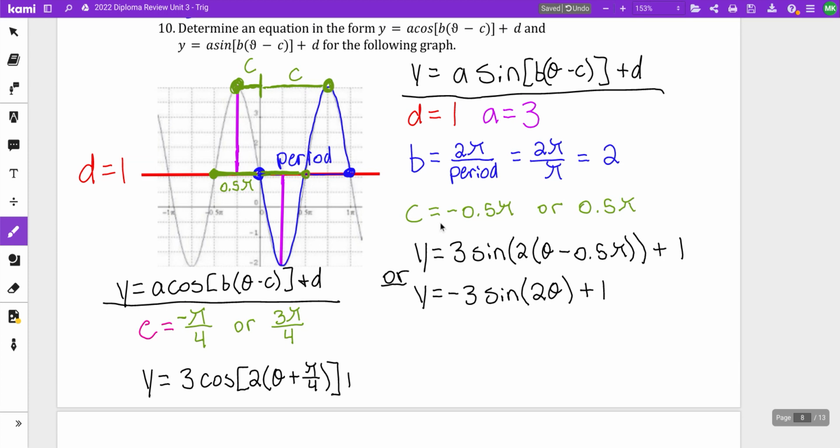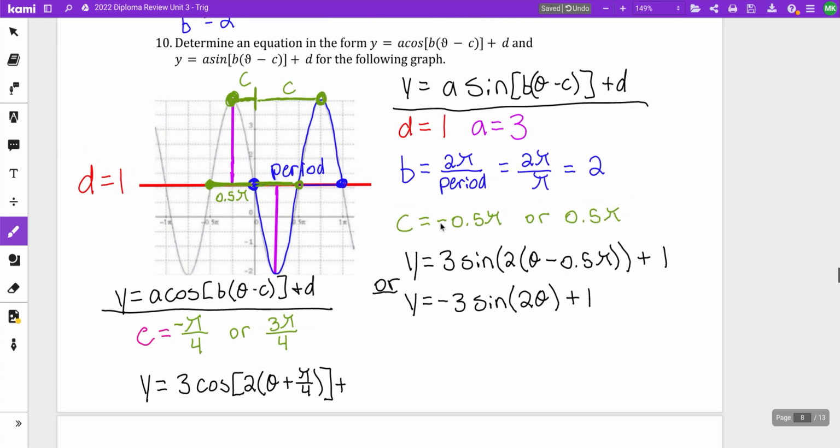And then plus my D value of 1. That's a pretty tricky, hard skill, but it is something that comes up quite often. Okay, I've sufficiently embarrassed myself.